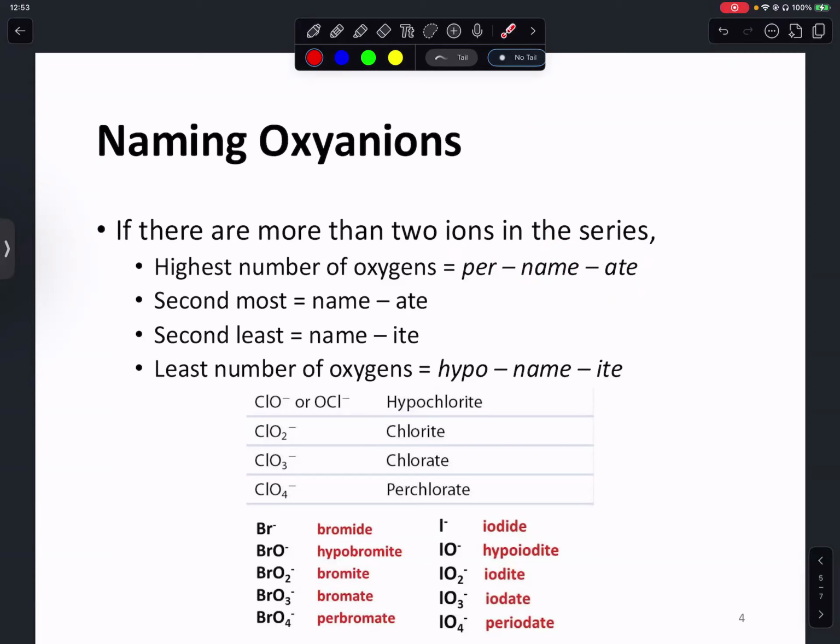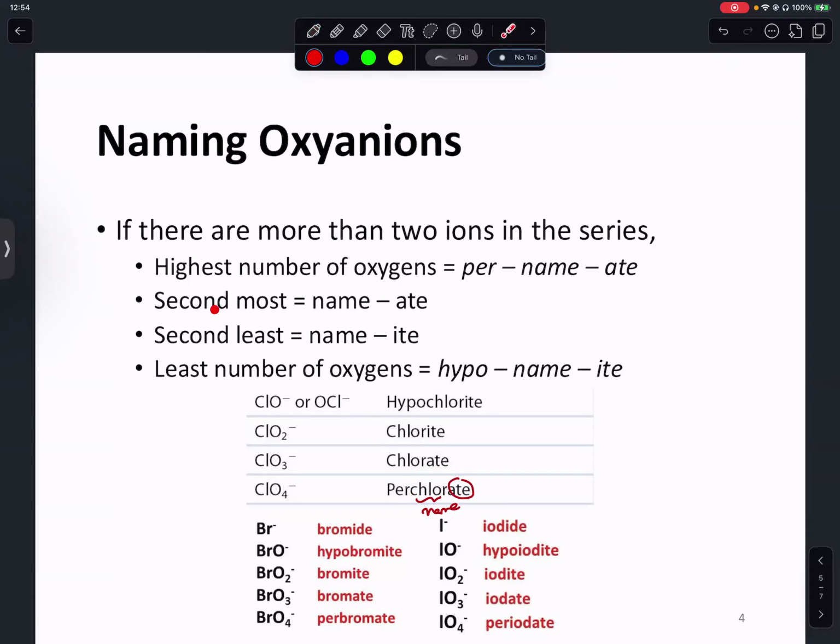We agreed ate indicates that this has more oxygens. As an example, ClO4 minus: per, because it has the highest number of oxygens in the series, chlor in the middle, which is the name and indicates that it has chlorine, and then the suffix ate at the end.